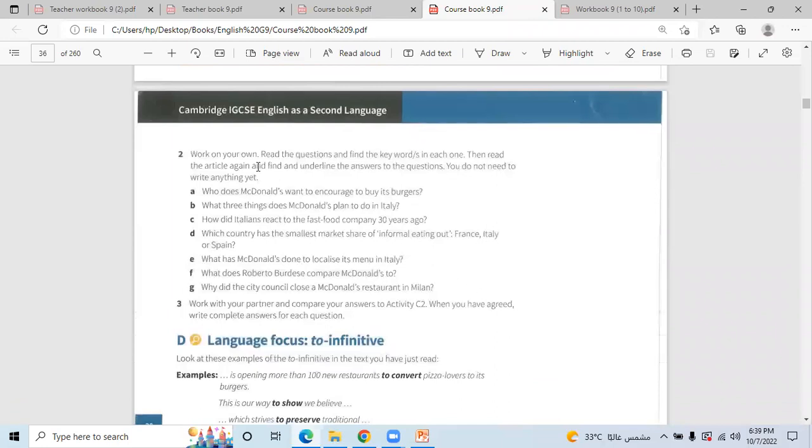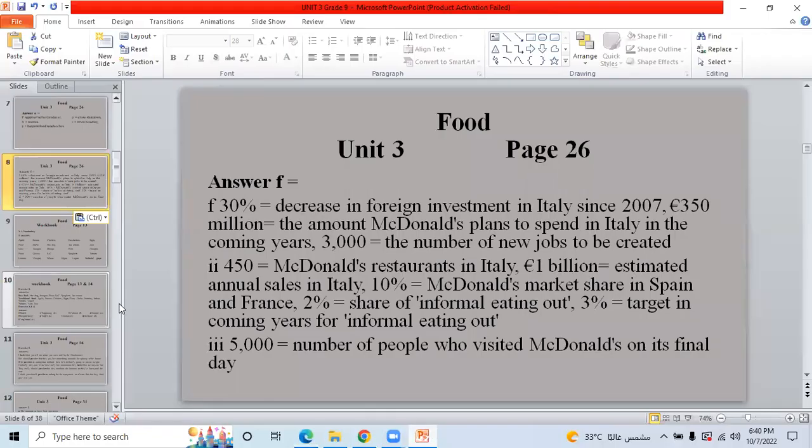All right, next is working on: read the question and find the keywords in each one. Then read the article again and find the underlined answer to the question. You do not need to write anything yet. So these are all the questions that we're going to answer by ourselves, right?